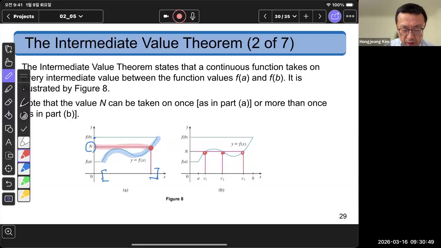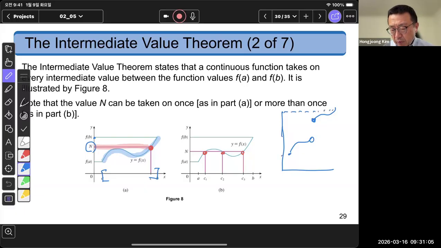If your function is not continuous, say, suppose that I have some function with a discontinuity like this, then between f of a and f of b, depending on the value of n, if you choose a certain n, this horizontal line may have some intersection with the graph of the function f.